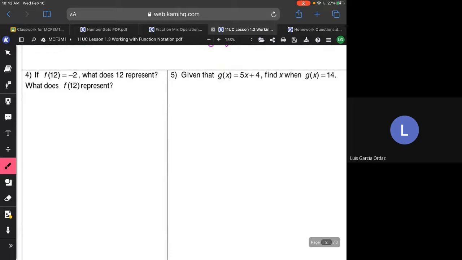So if f at 12 is equal to negative 2, what does the 12 represent? Let's see if you guys can answer this. If f of 12 is equal to negative 2, what does my 12 represent in this case? The x value. 12 represents the x value.